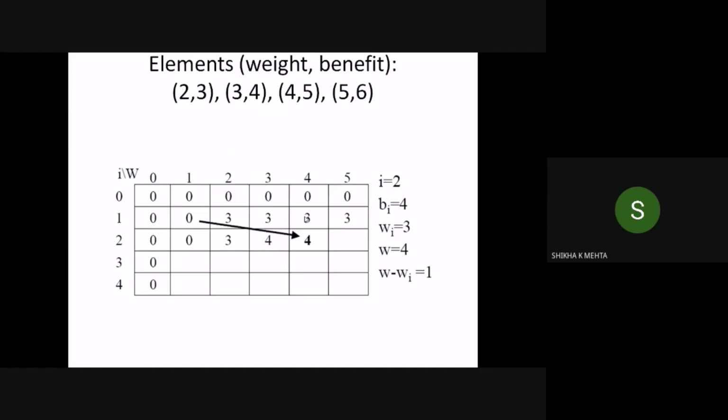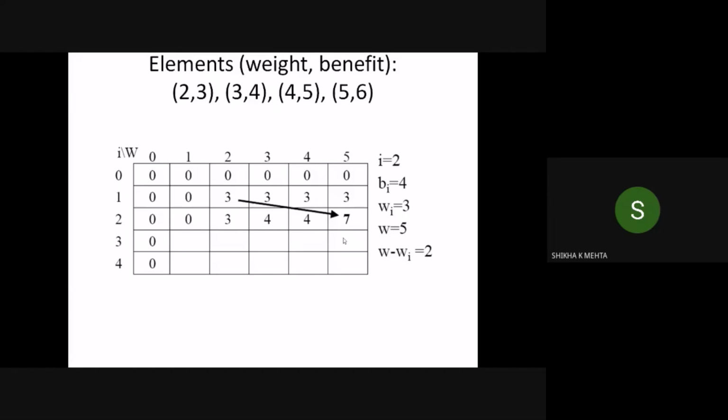Because a knapsack weight of 4 cannot accommodate two of these items. But a knapsack weight of 5 can accommodate both these items. Because 3 plus 2 is 5, this is the total knapsack weight, and the profit associated with that will be 3 and 4. So we can write the profit as 7 over here, right?